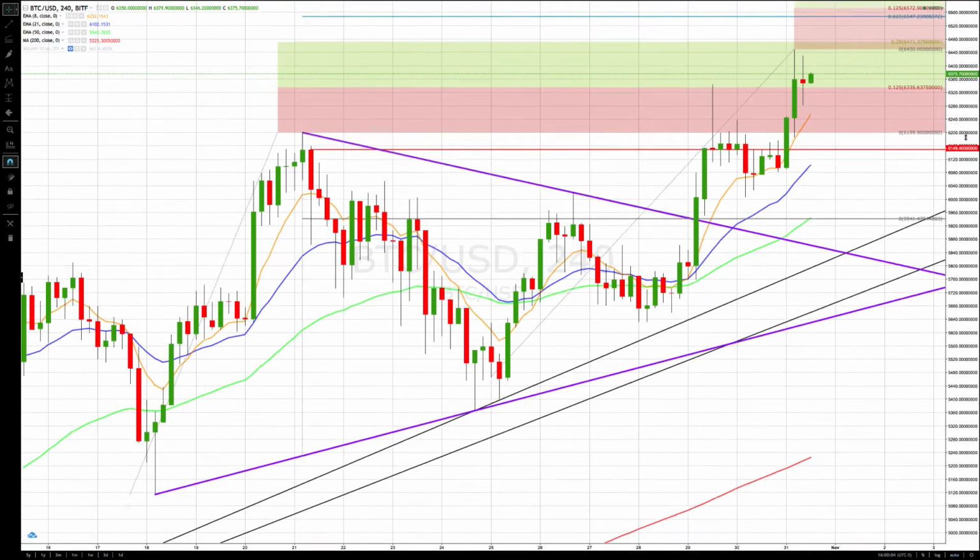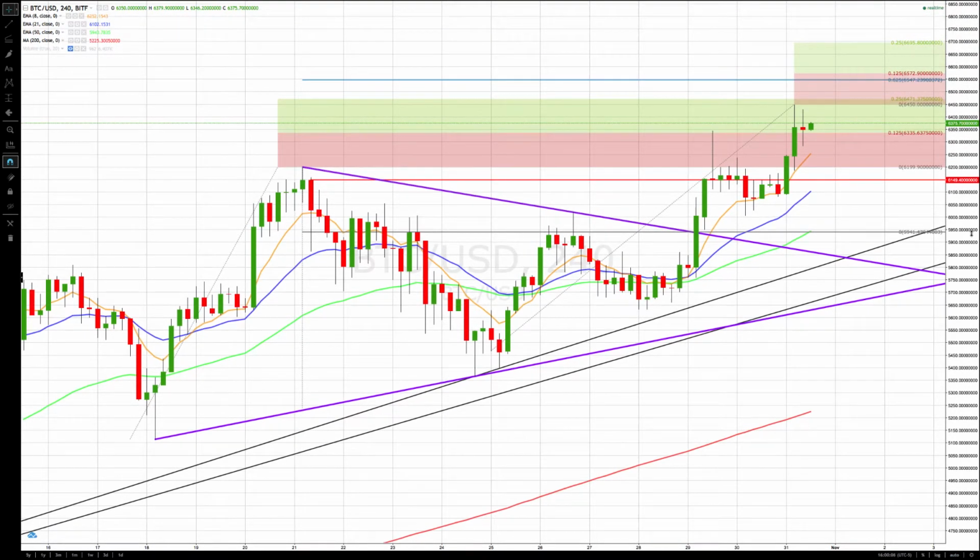And we've also been able to update a couple more targets. Oops, that is a wrong level. It moved. All right, the next major target's higher. We now have that 62.5 projection from the breakout on the triangle, and that now is lining up exactly with our next GAN level.